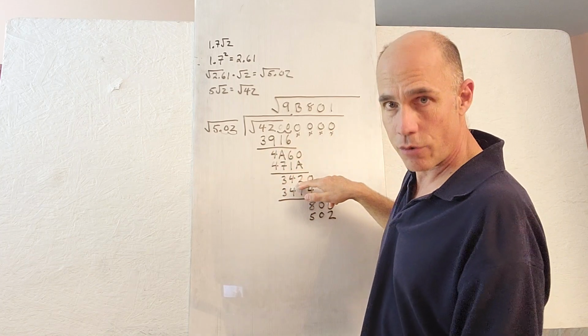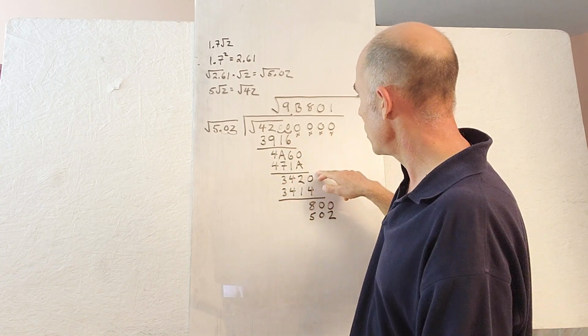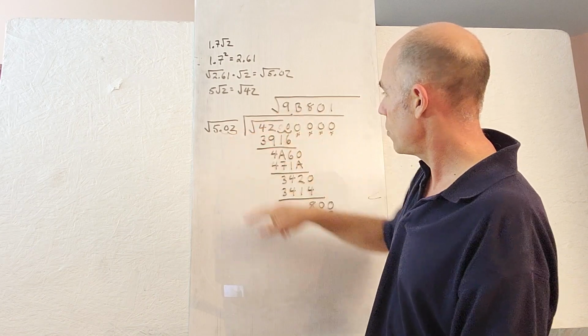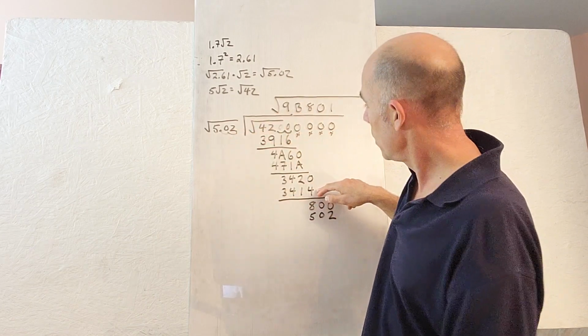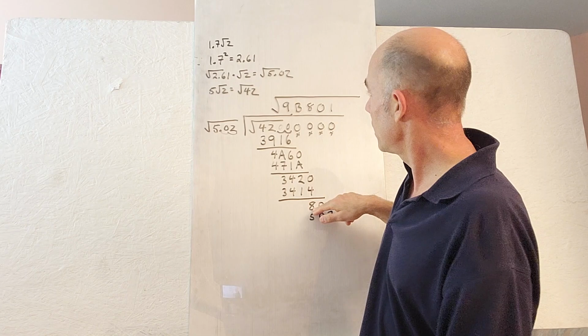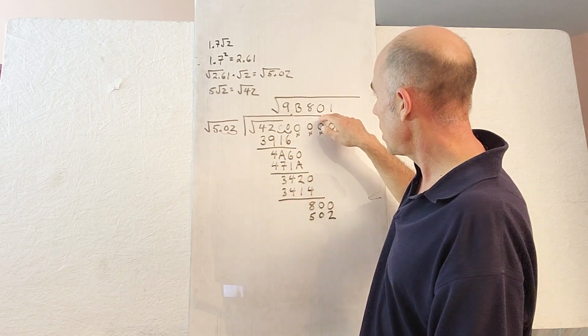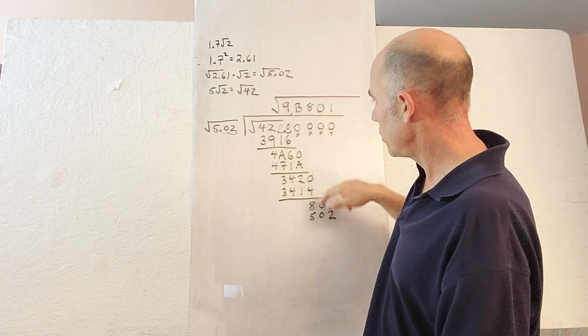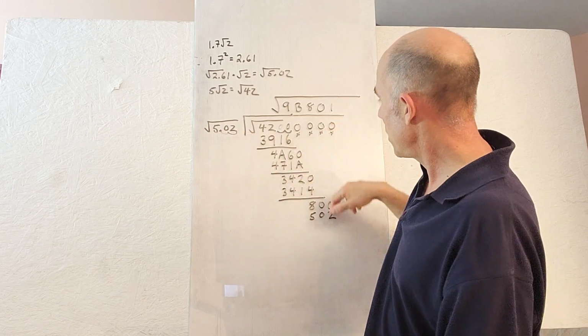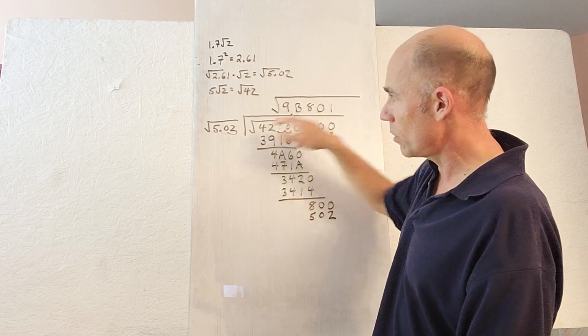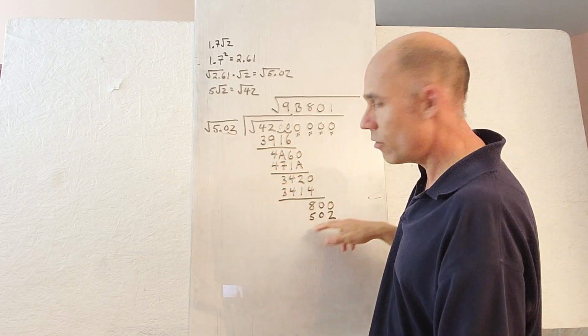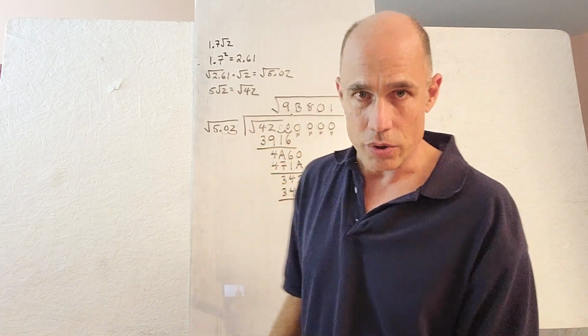Subtract that, we get 342 is the answer. We bring down the 0. 8 times 502 is 3414. Subtract and we just get 8. So 502 doesn't go into 8, 0 times, so we bring down a 0, doesn't go into 80. Bring down another 0. 800 is once. 1 times 502, 502, and on it goes.